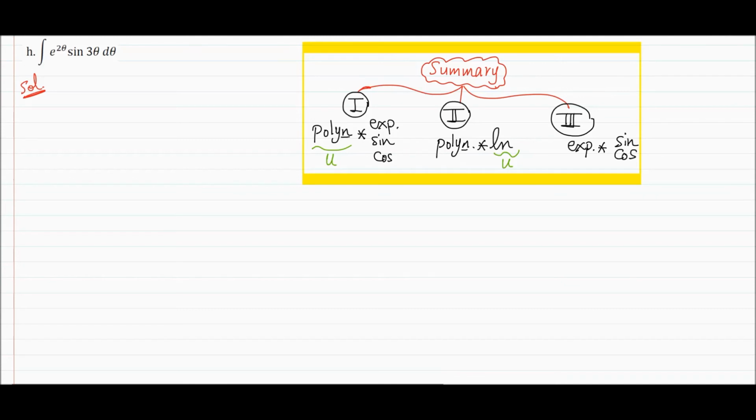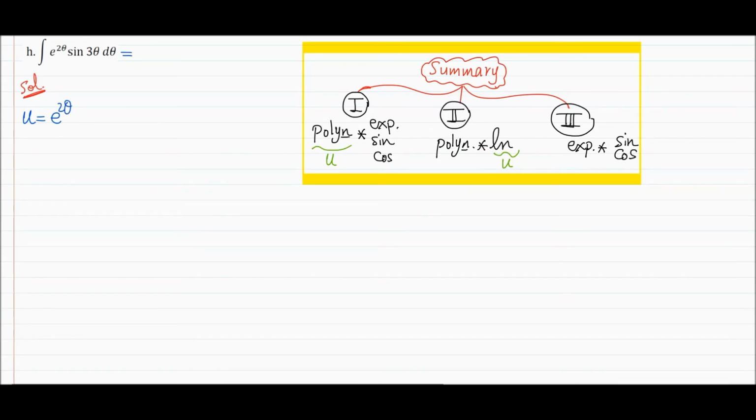And now let's go to number h, which is the integration of e^(2θ) sin 3θ. If you look at our summary, this kind of integration can be categorized as group number 3, so it does not matter which one of them you select to be u. So I will use u as the exponential function: u equals e^(2θ).